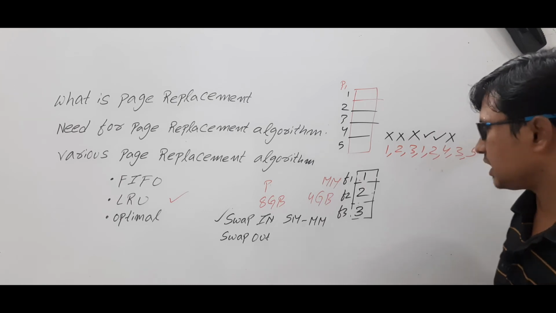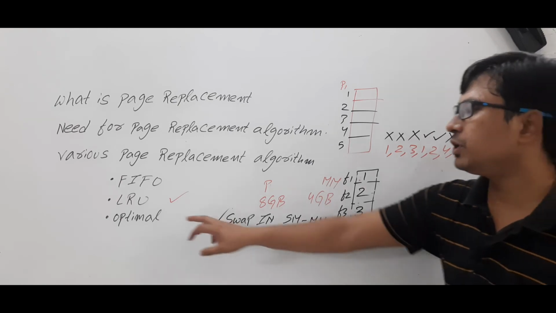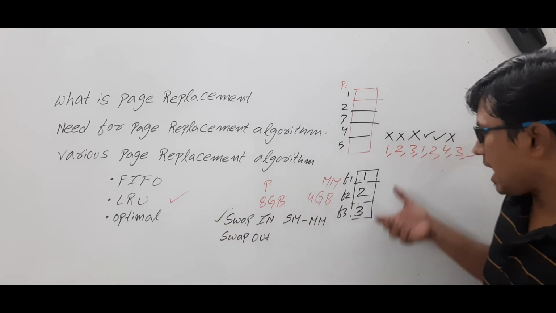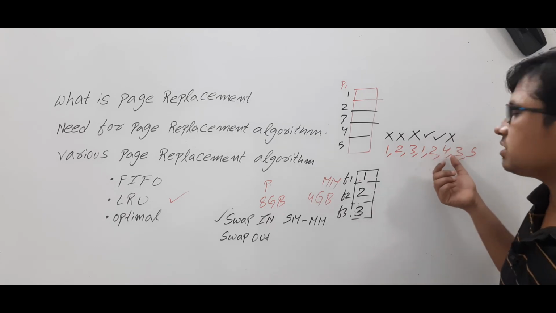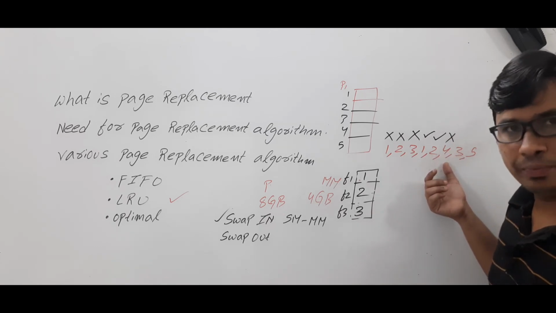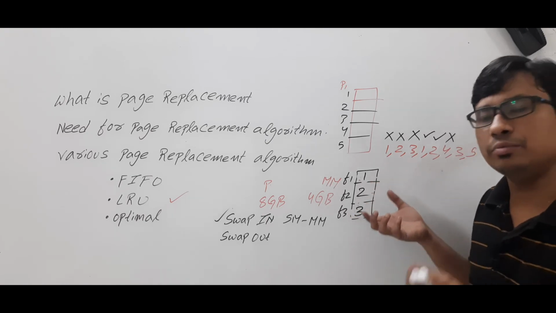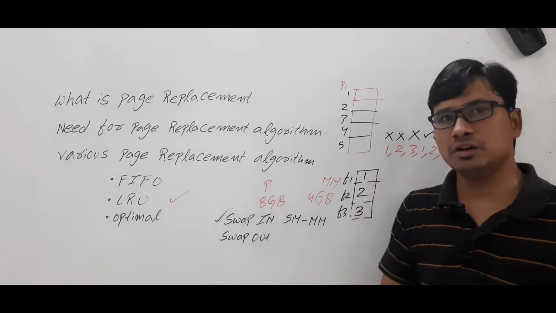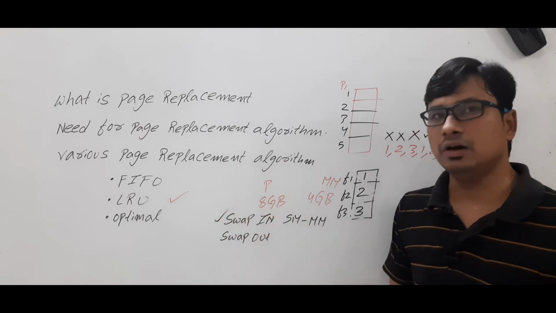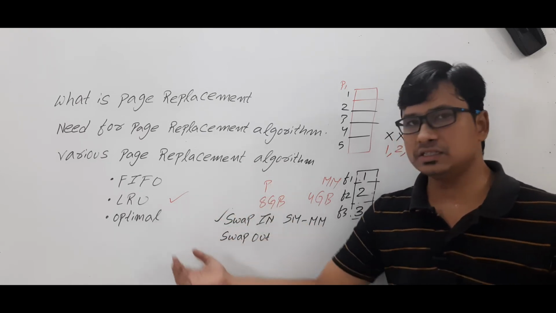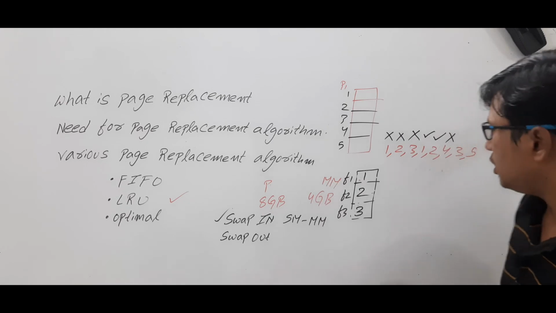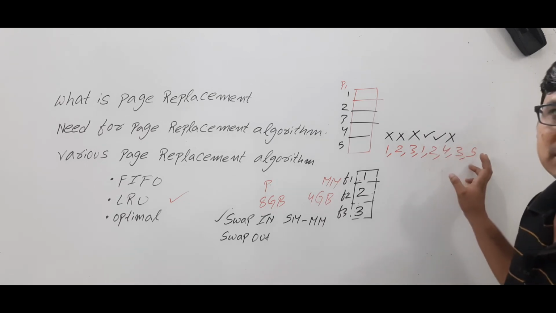Are you able to understand? Now look at the optimal page replacement algorithm. As the main memory is full, the operating system has to load the new page. Some page you have to find as a victim page and remove it. Which one is the victim page depends on the replacement strategy. As we are discussing optimal page replacement, we will look at the future references.